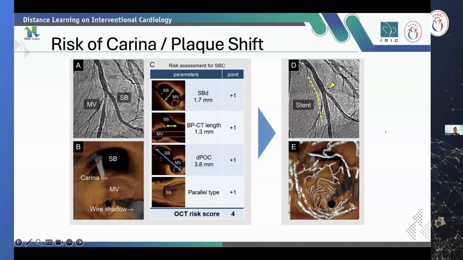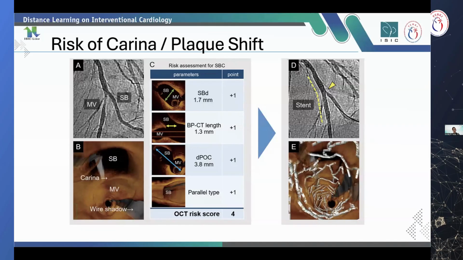And in this session, I would like to mention 3D OCT. I think 3D OCT is very reliable to check the wire position at the ostium of the side branch.